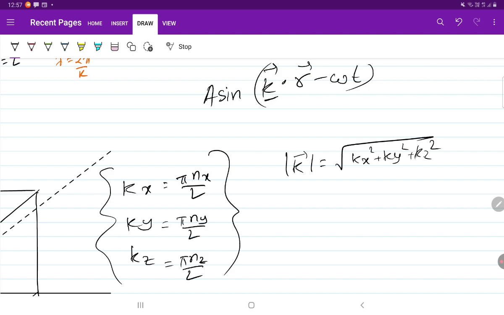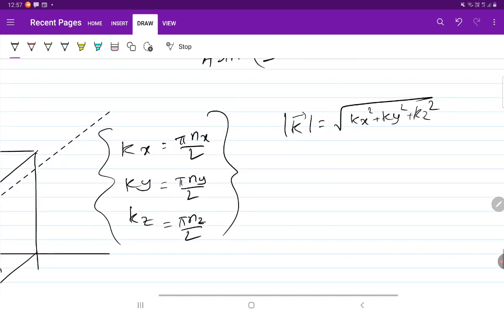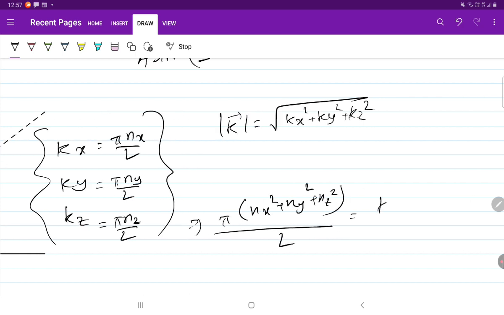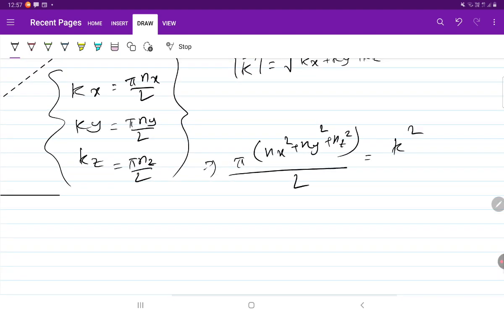On further simplifying, we get pi square times (nx square plus ny square plus nz square) upon L square equal to k square, and we define nx square plus ny square plus nz square as n square.